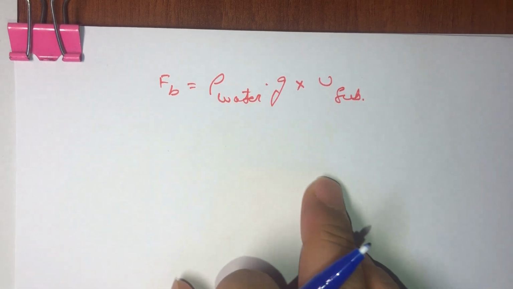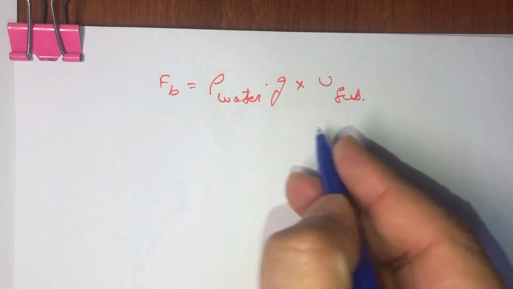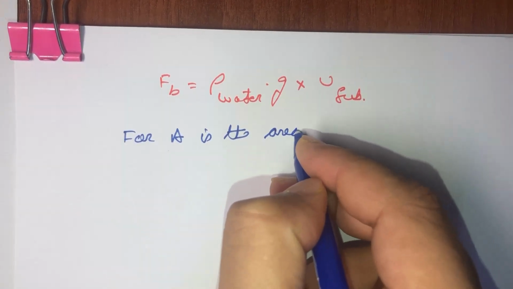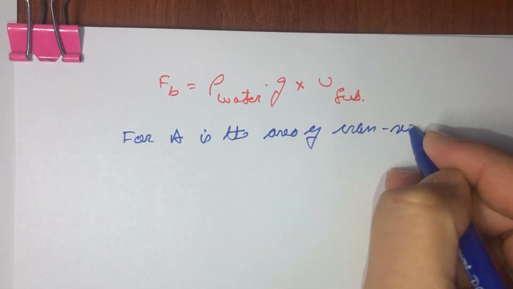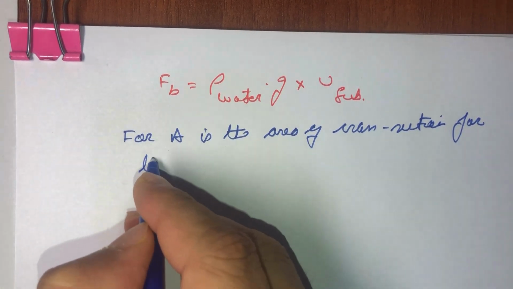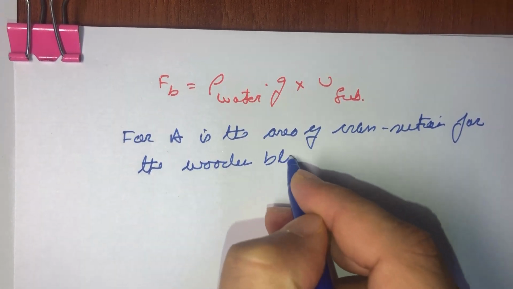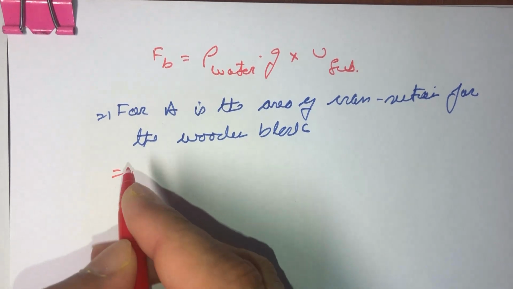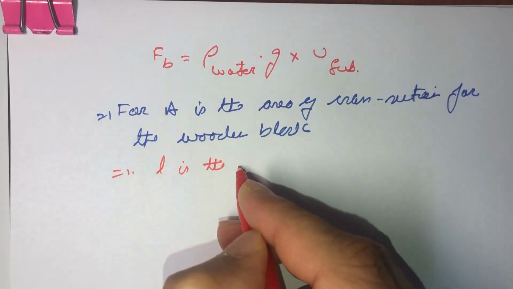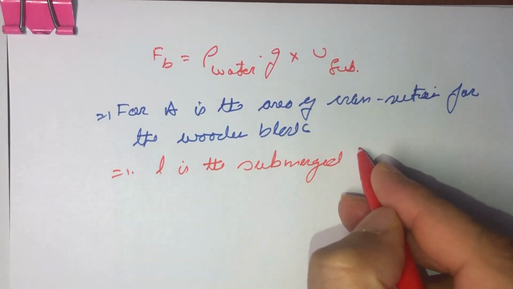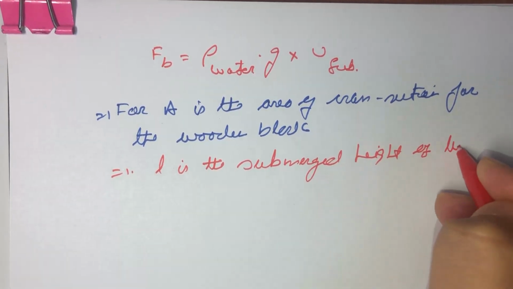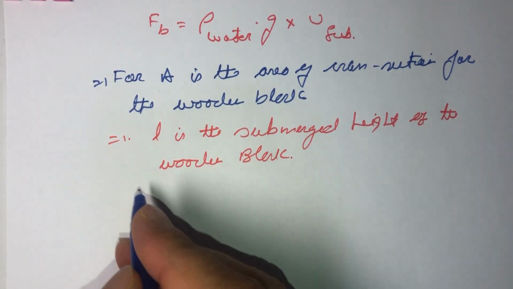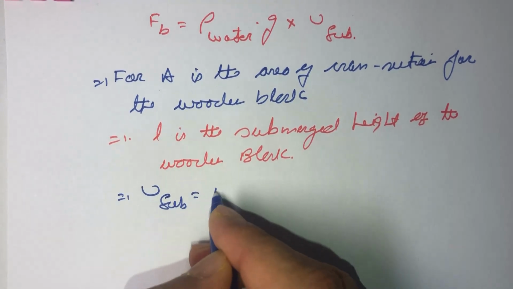Now, if A is the area of cross section for the wooden block, and L is the submerged length, or submerged height, of the wooden block, therefore volume submerged will be equal to area multiplied by length.